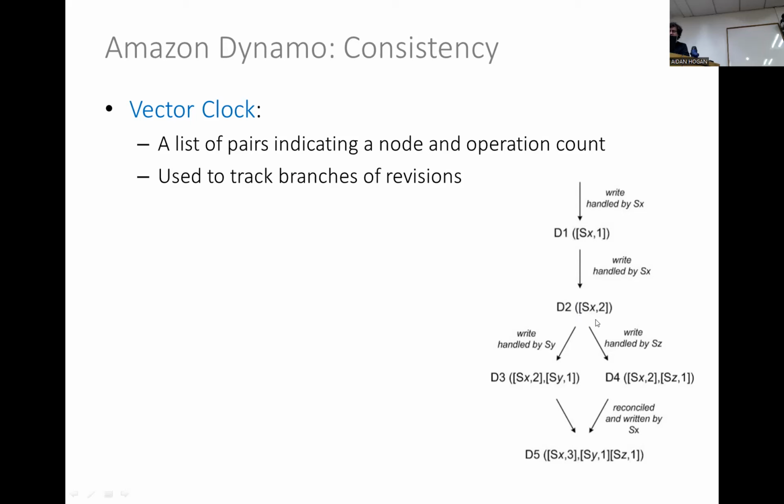So what we're doing is every time that this shopping cart D is modified by a server, we add to the vector clock a +1 for that server's ID. So let's say that there's 2 branching changes which could cause problems. We have a branching change where the shopping cart is modified by server Z, and here shopping cart D is modified by server Y. So we add SY1 here and we add SZ1 here, which gives us some information that in this version, D has been modified by X twice and by Z once, and here it's been modified by X twice and Y once.